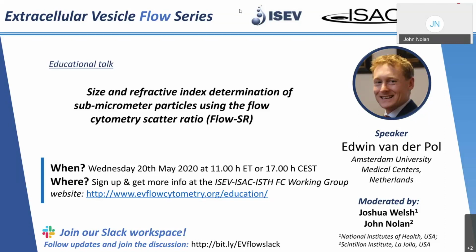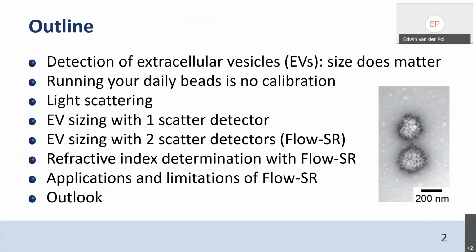Thank you very much, John, for the nice introduction. So I will start with convincing you that if you detect extracellular vesicles, size does matter. If you run your daily beads, in fact, this is not a calibration.